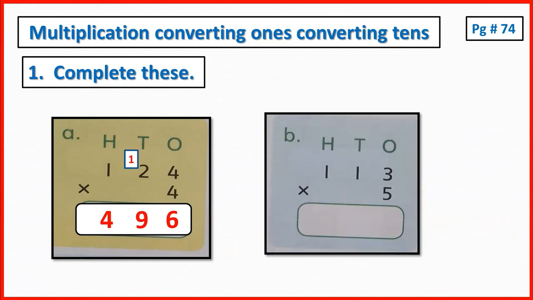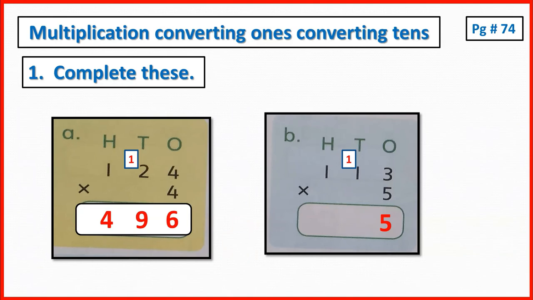Let's do another. 113 multiplied by 5. 5 threes are 15. Write 5 in the ones column and convert 1 ten into the tens column above 1. Now multiply tens. 5 ones are 5.